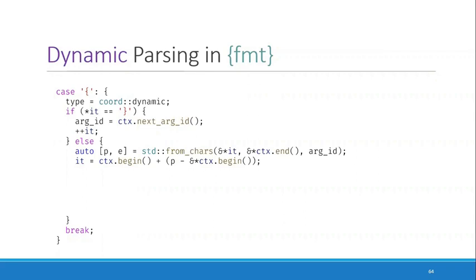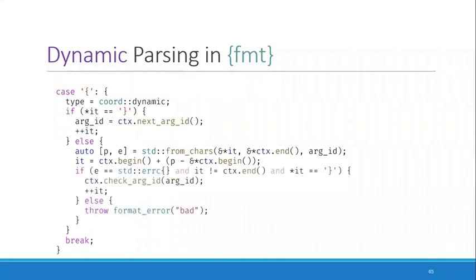It's a little bit awkward in this case because from_chars takes specifically char const star, and what we have are string view iterators, which are implementation defined, which are allowed to be char const star, but aren't necessarily. So this is just doing from_chars. If the parse succeeded, so the error will actually be error C, and the parse stopped at a closed brace, then this is the case.